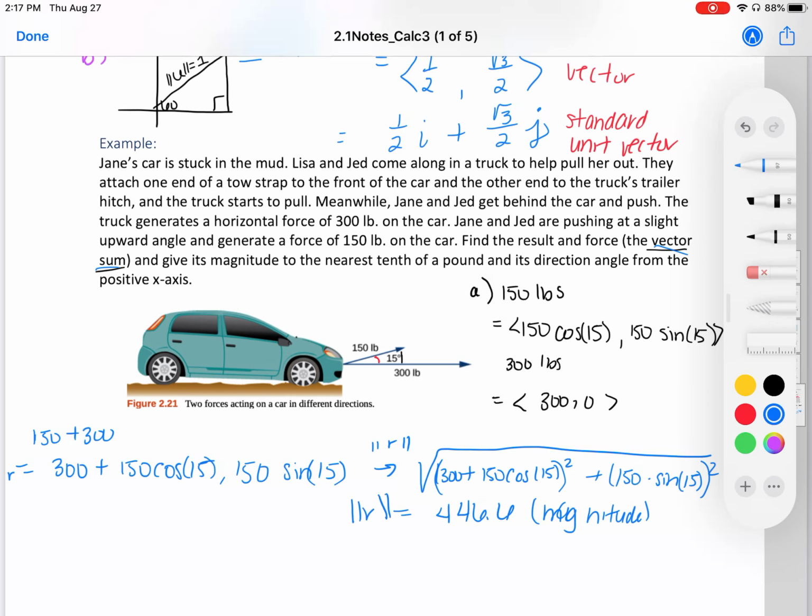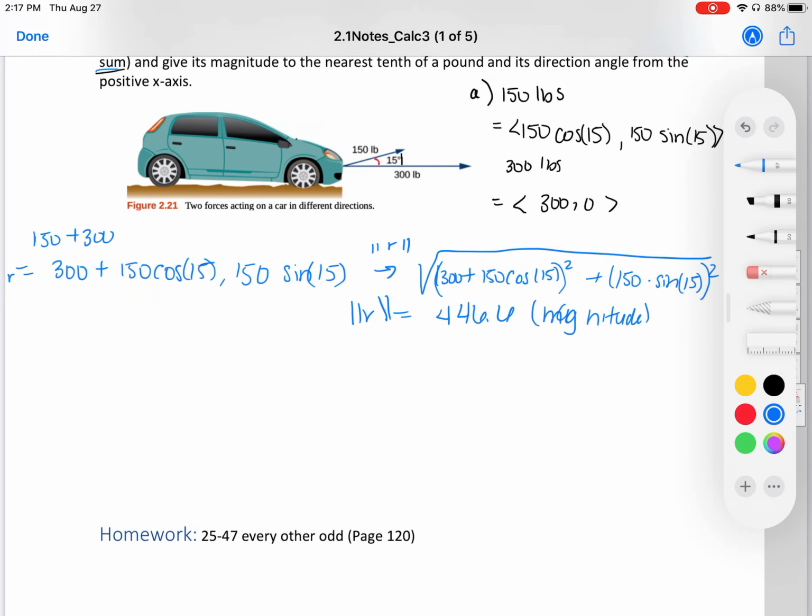All right, lastly, it wants our direction angle. To do that, we're just going to use some regular trigonometry. We're going to find tangent, opposite over adjacent. So we have tangent theta equals 150 sine of 15 over 300 plus 150 cosine of 15.